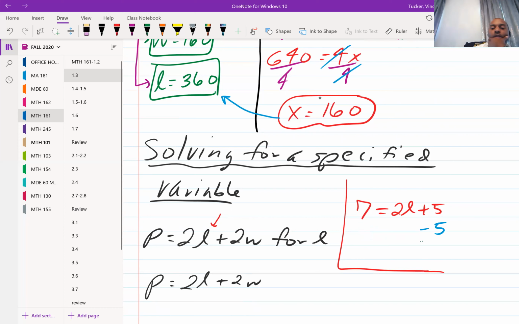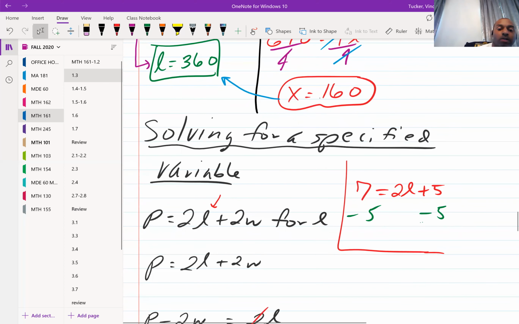So here on this side, I was just showing an example. If I have 7 equal to 2L plus 5, what would be my first move? The first move here would be to subtract 5 from both sides of my equation. These variables represent numbers, and we treat these variables the same way we would treat numbers. So that's the same move I will use here as well.